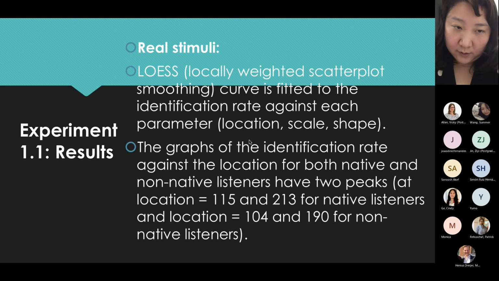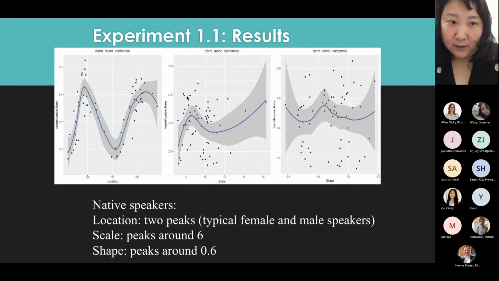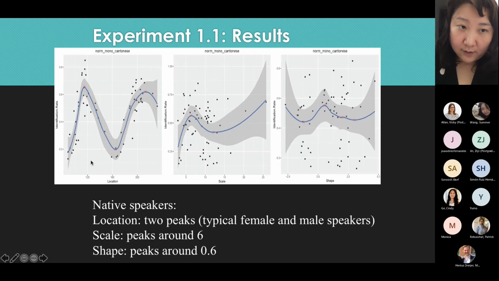As you can see in this figure, for example, if we have varied values of the location parameter, what would the identification curve be like?